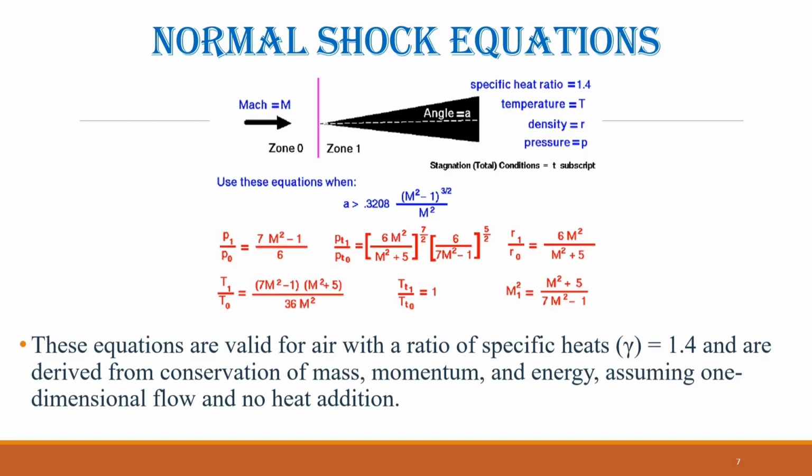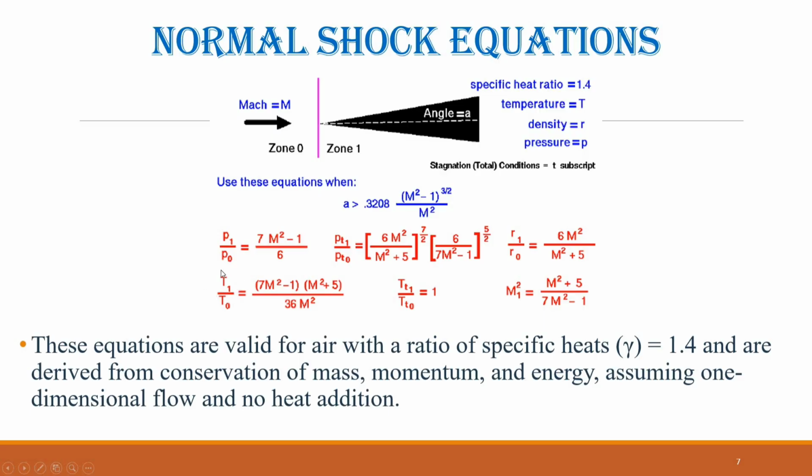These equations are valid for air with a ratio of specific heats, gamma, equal to 1.4, and are derived from conservation of mass, momentum, and energy, assuming one-dimensional flow and no heat addition. They apply to cases where the shock is perpendicular to the flow, or when the wedge angle is large enough that the oblique shock cannot remain attached.